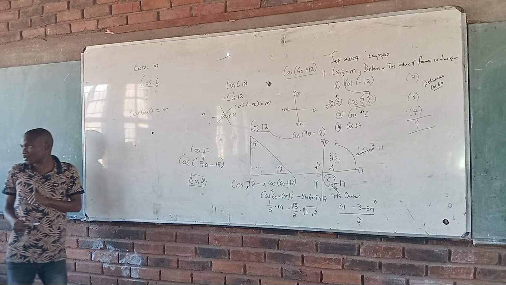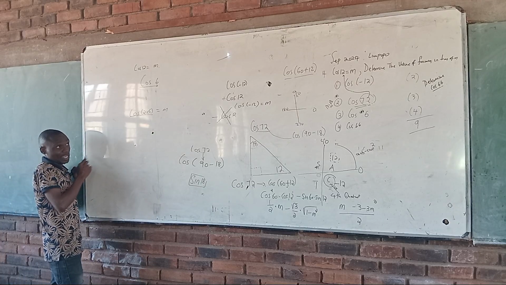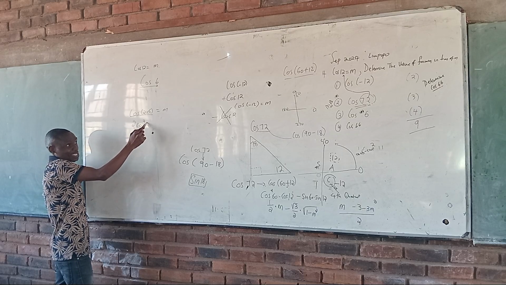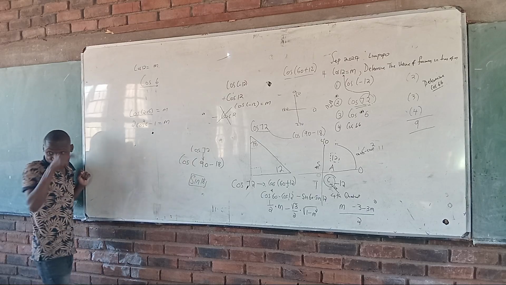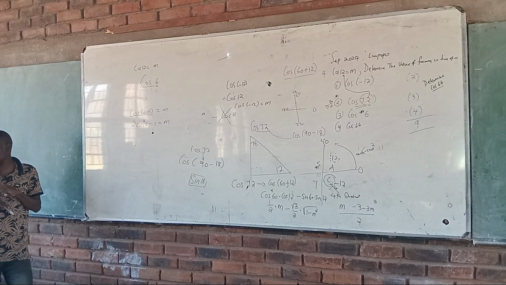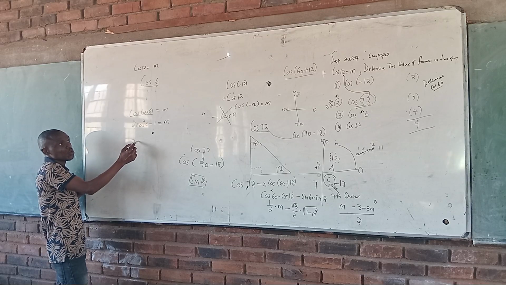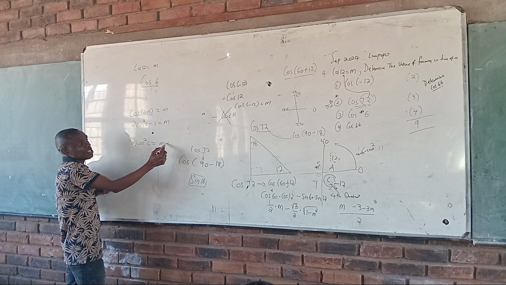It's m. Then this is a double angle. You can write it as what? 2 cos squared 6 minus 1. It's m. 2 cos squared 6 minus 1 is m. Then you say what? 2 cos squared 6 is m plus 1.